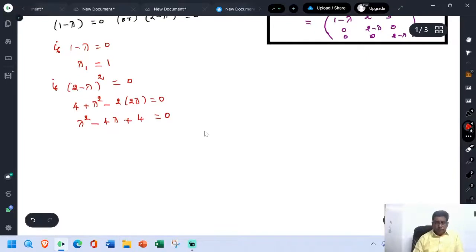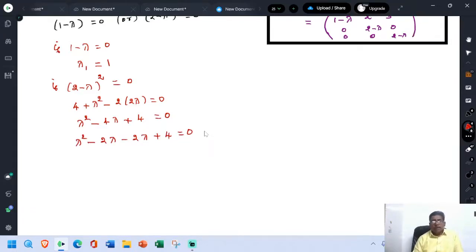Now lambda square minus 2 lambda minus 2 lambda plus 4 is equal to 0. This minus 4 lambda is written as minus 2 lambda minus 2 lambda. Take lambda common from the first two terms, lambda minus 2, then take minus 2 outside from the last two, and once again you get lambda minus 2, which is equal to 0.